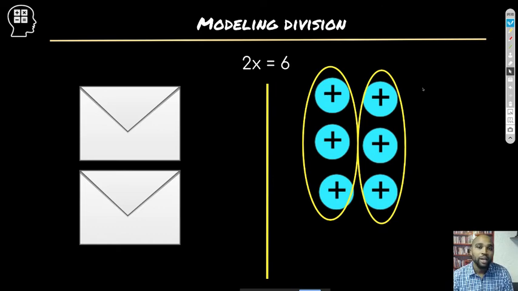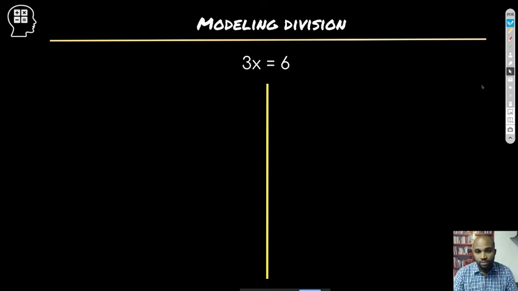Now I know that in 2 groups, each group can hold 3 positive counters. So that means each envelope on the left side must hold 3 positive counters. I divided the left side by 2, and I divided the right side by 2. So now I know that for every envelope, there are 3 counters. That's the idea behind the division property of equality.